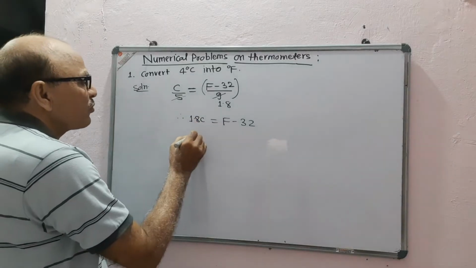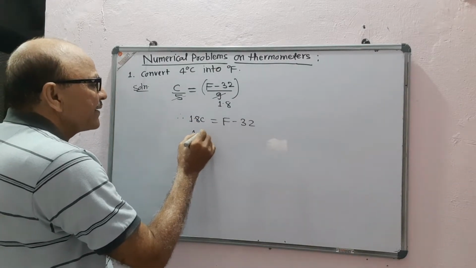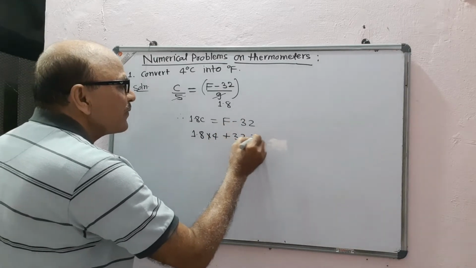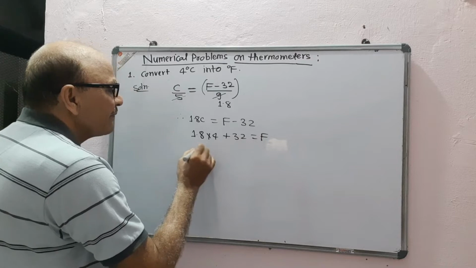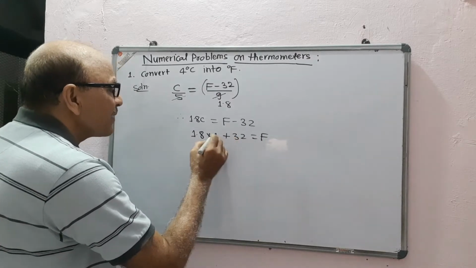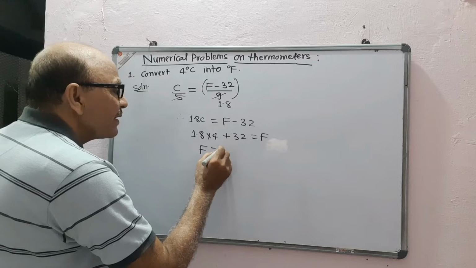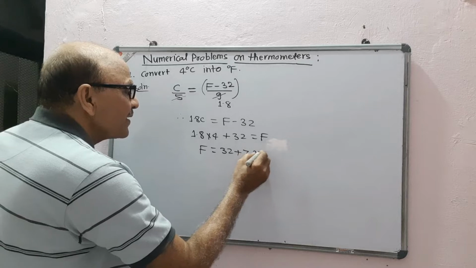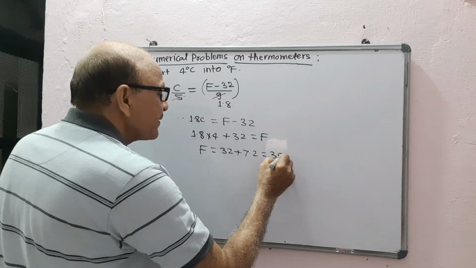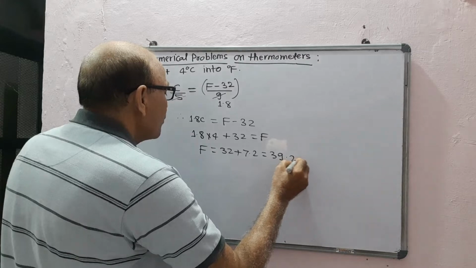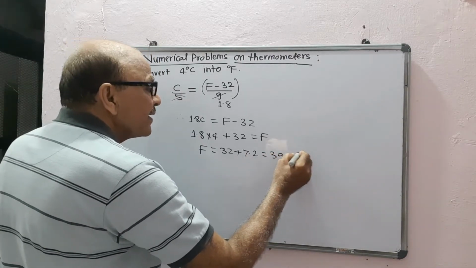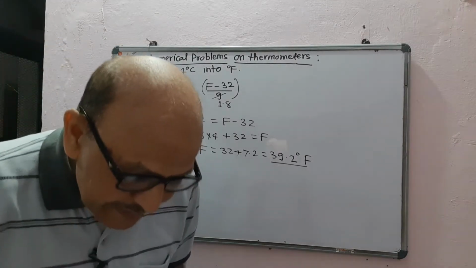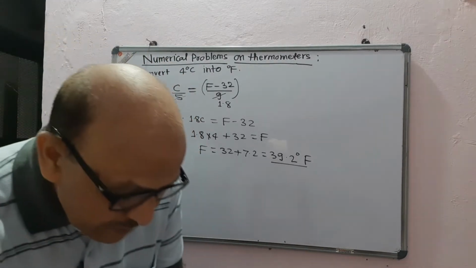C is 4, so 1.8 into 4 plus 32 will be equal to F. F will be equal to 32 plus 7.2, which means 39.2 degrees Fahrenheit. So the answer is 39.2 Fahrenheit.